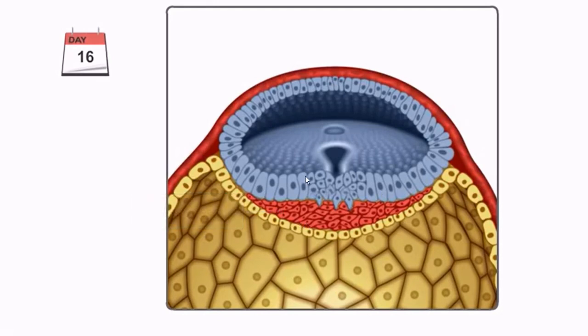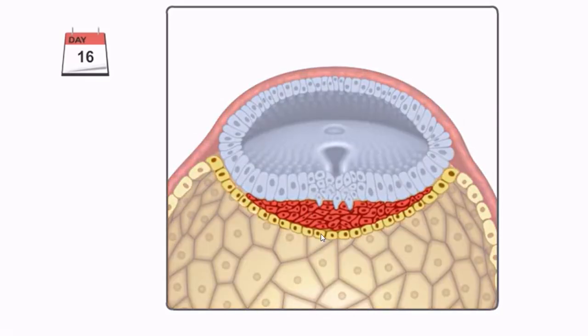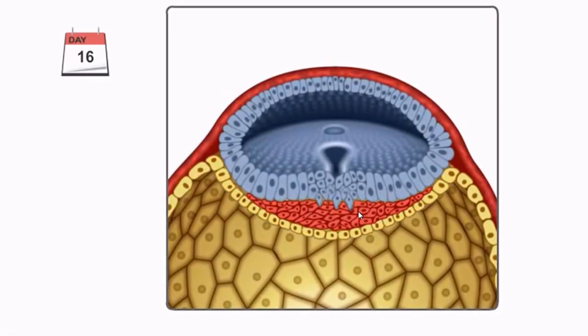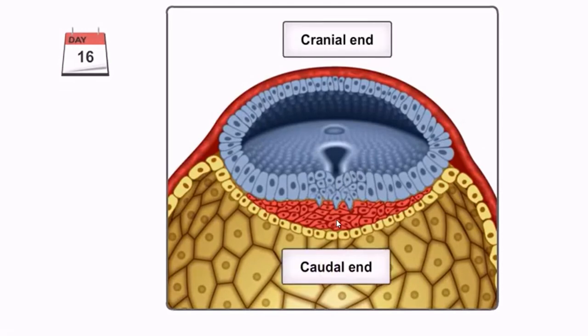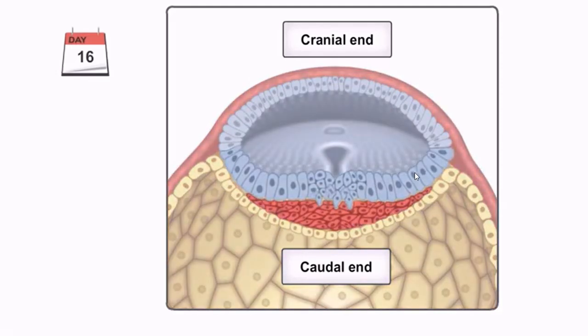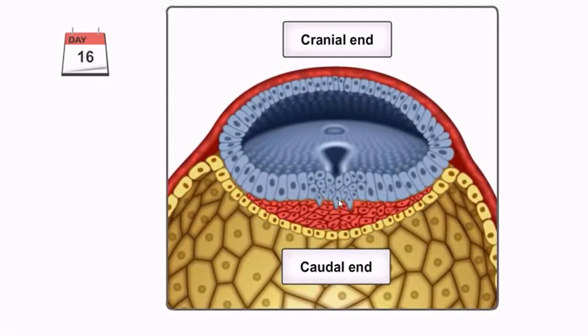So now we have ectoderm, mesoderm, and endoderm. Before the process of gastrulation, we had 2 layers, epiblast and hypoblast, and after gastrulation we formed 3 germ layers: ectoderm, mesoderm, and endoderm. Now the future of the ectoderm.